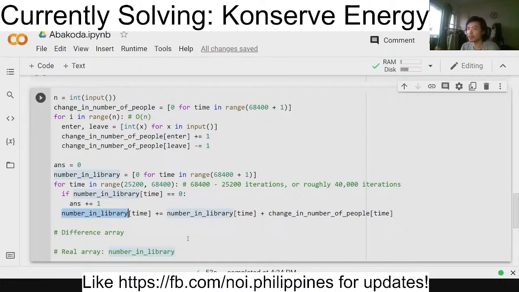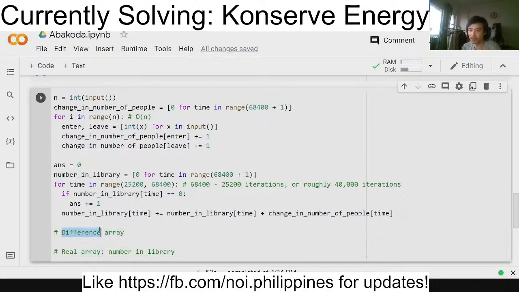Okay, but sometimes maintaining this number in library, this real array that we want to maintain, is expensive, because we were given ranges of updates to this array. We want to add 1 to every index within the range, or we want to subtract 1 from every index in the range. That's going to be slow. The trick is, instead of looking at the real array, you look at the difference array.